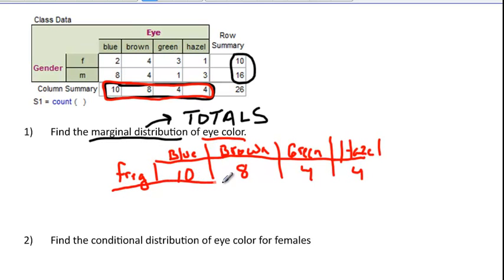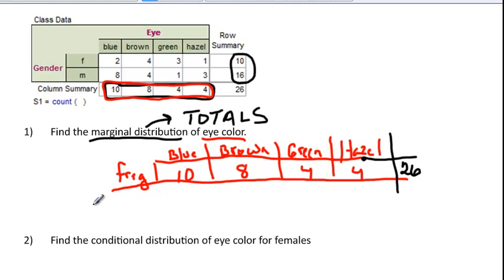Usually when you're asked to find the marginal distribution, you want to find the relative frequency or the percentage. The total number of students that I have is 26.